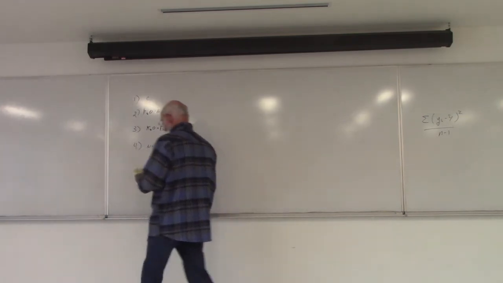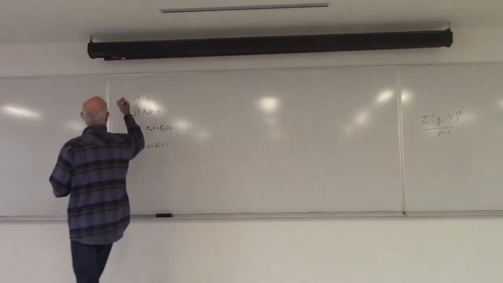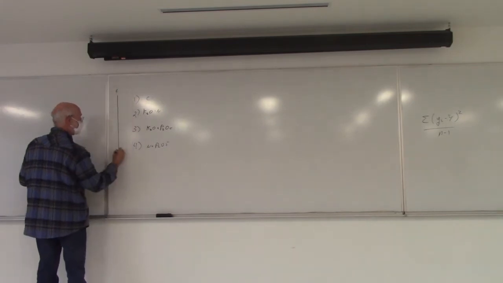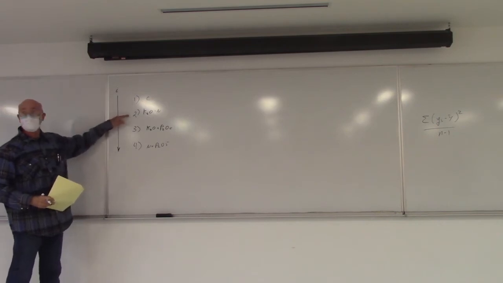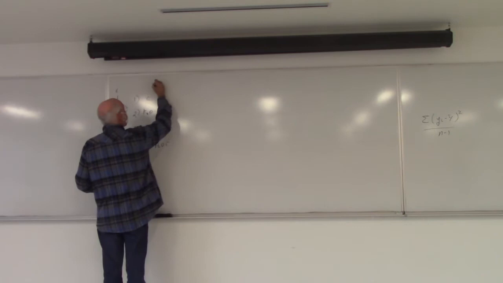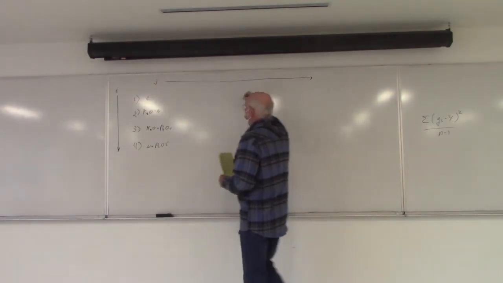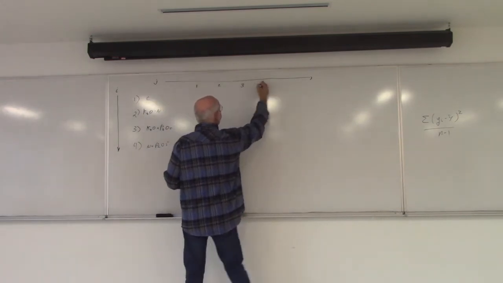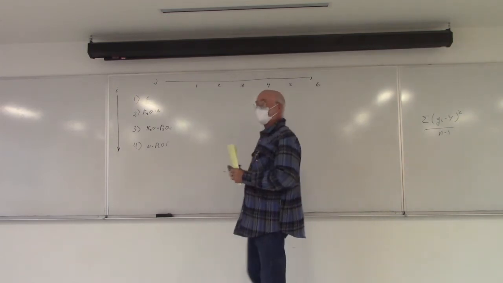I'm going to have a balanced design. So my I goes this way: I1, I2, I3, I4. My J's are going this way. And I'm going to have 6 observations for each treatment.